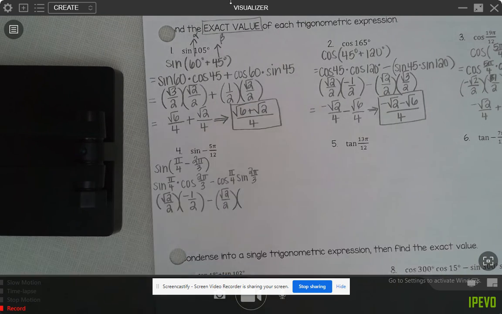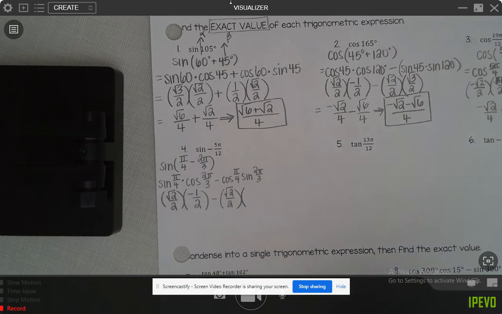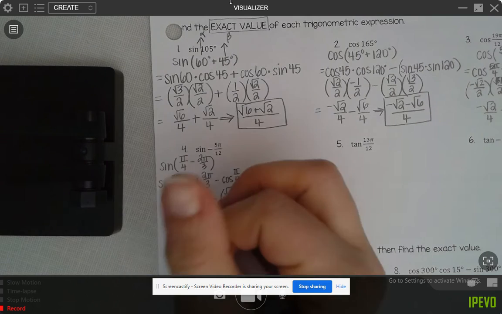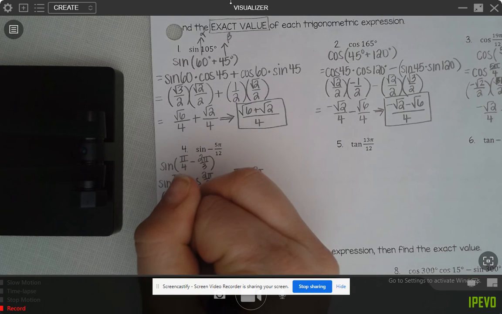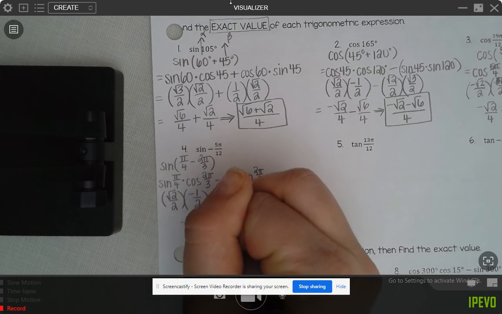Sine of 2 pi over 3. Wait, why is the 1/2 negative? Because this is in the second quadrant and cosine's negative in the second quadrant. This is radical 3 over 2. Yeah? So I get negative radical 2 over 4 minus radical 6 over 4.